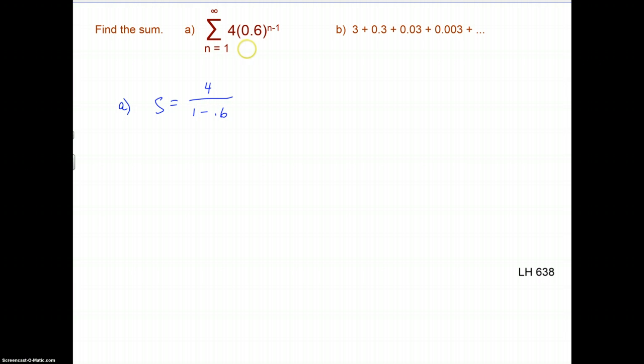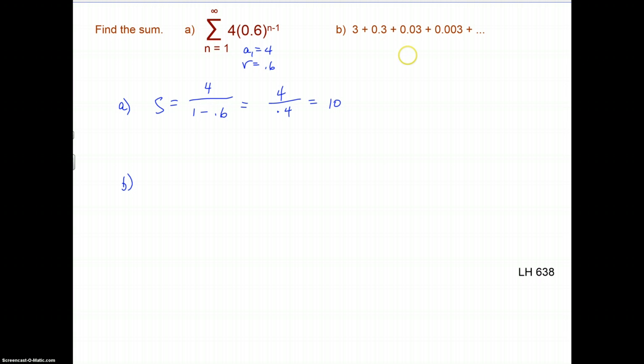So in other words, a1 here is equal to 4, and the ratio is equal to 0.6. This equals 4 over 0.4, or 10. So the sum of the infinite series that is indicated here, if you add up all the numbers, you're going to come up with 10. Exactly 10.